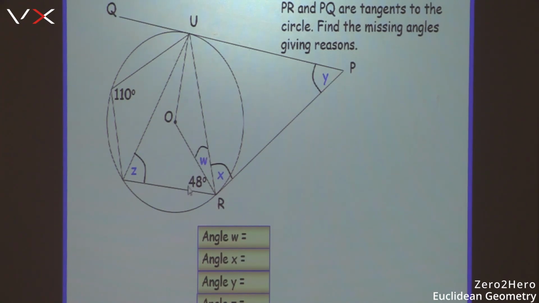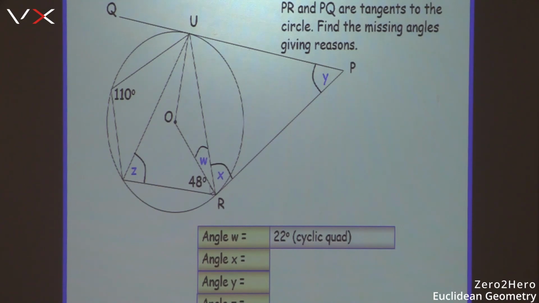W plus 48 plus 110 is equal to 180, opposite angles of a cyclic quad. If this is 110, the whole of this must be 70. So 48 plus W must give me 70, therefore W will be equal to 22. Because 22 plus 48 is 70, 70 plus 110 is 180. So the sum of opposite angles of a cyclic quad is supplementary.